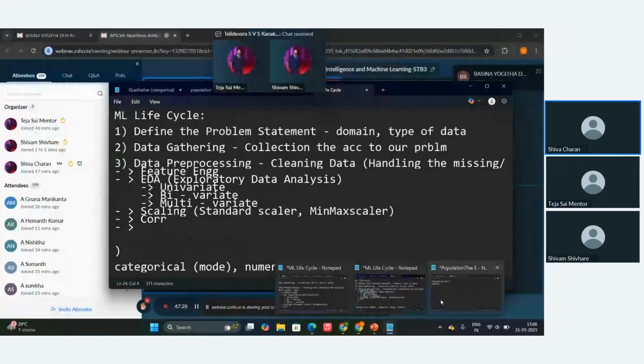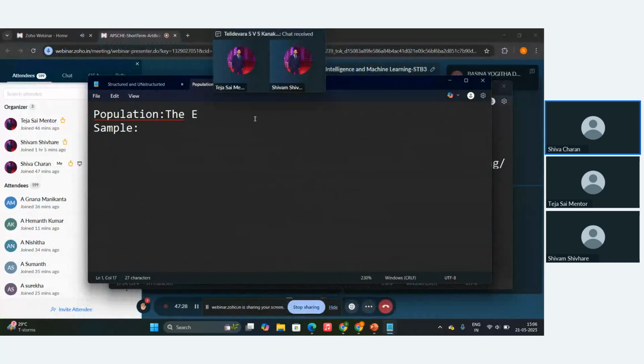Population is nothing but the entire data set. Whatever data set you are having, we will call it a population.